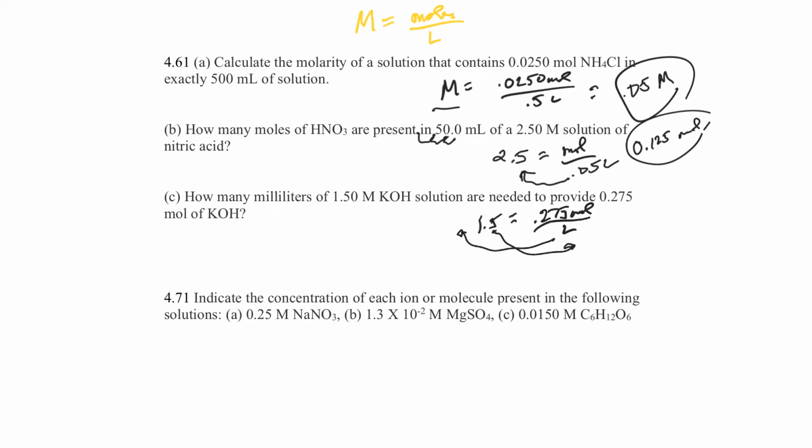So it's going to be 0.275 divided by 1.5. So it's 0.183 liters. Well, they're asking for milliliters, so we multiply by 1,000, 1, 2, 3, and we have 183 milliliters.